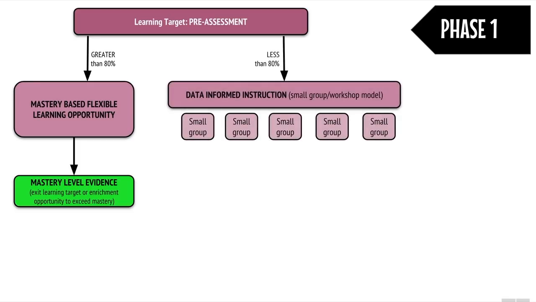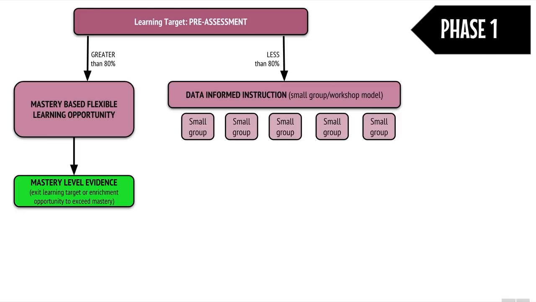Let's assume that Emily did not do very well in her pre-assessment. Let's say that Emily got a 65%. Okay? At that point in time, the teacher would look at the students who did not reach levels of mastery on their pre-assessment, and the teacher would start to group those kids together by like need or similar needs.